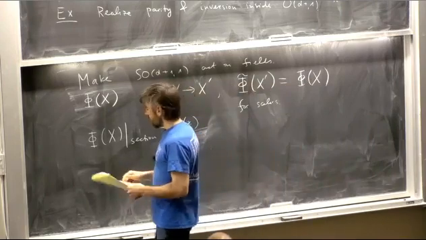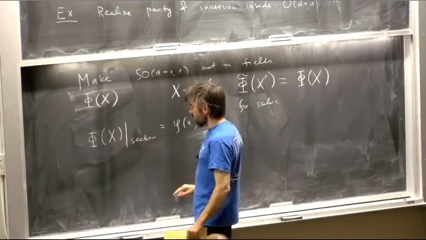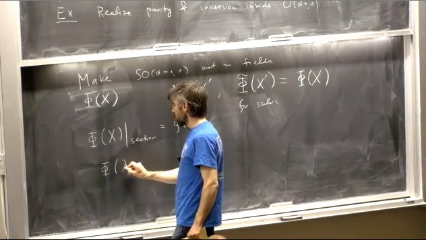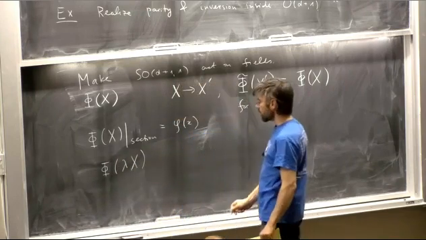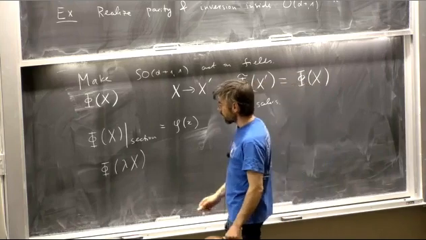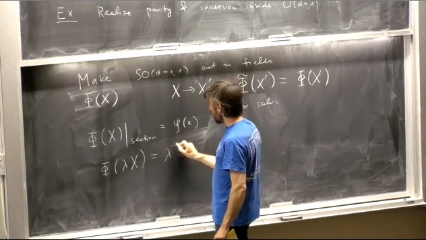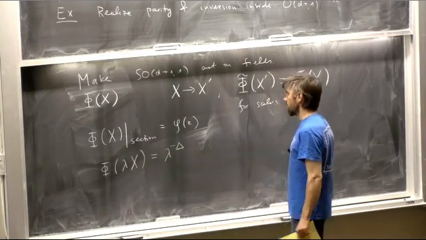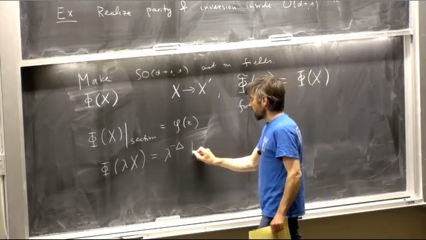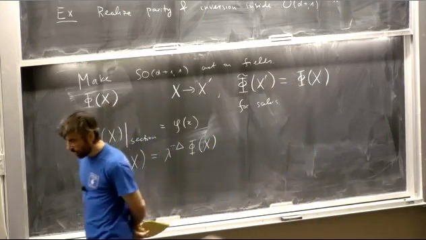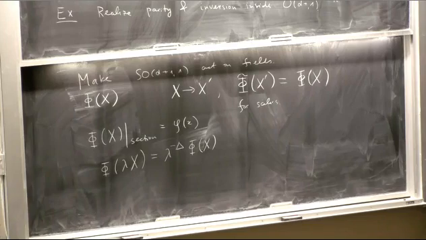And now I have to extend this field away from the section, and I'm going to extend it by demanding that it transforms homogeneously under dilatations along the light cone. So phi of lambda X is going to be equal to lambda to the minus delta times phi of X. So you see, I'm considering fields which live on the light cone, and for some strange reason, which I'm just cooking up, I want my fields to be homogeneous under rescaling.